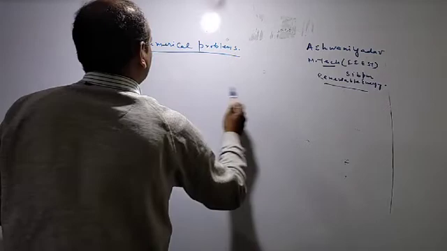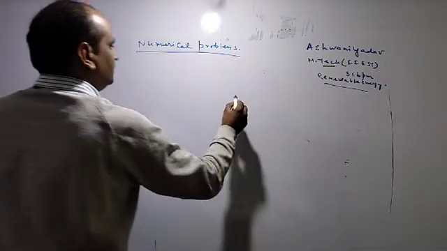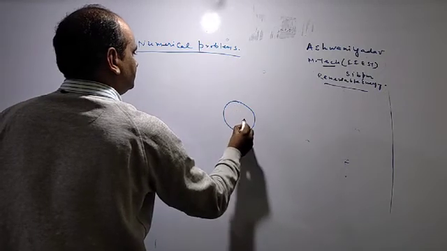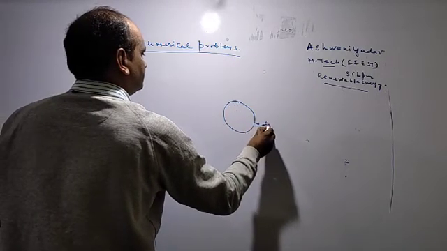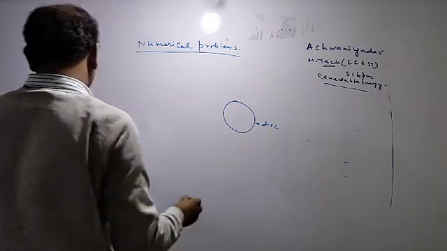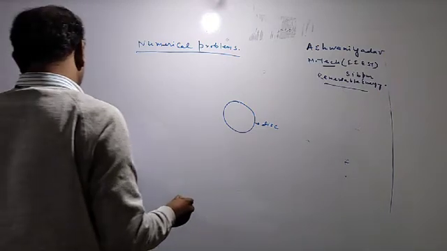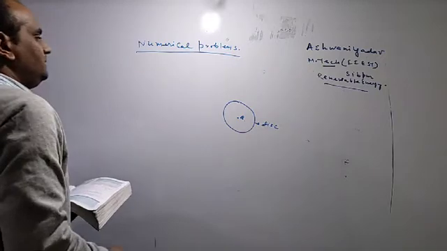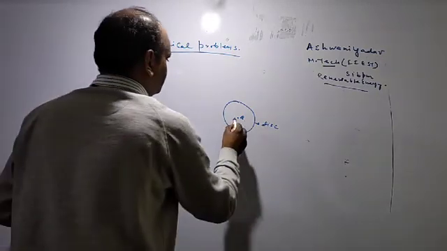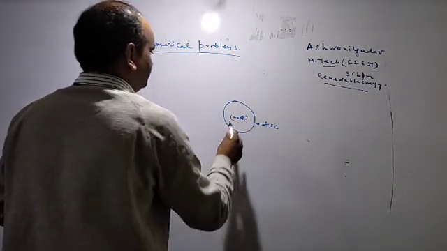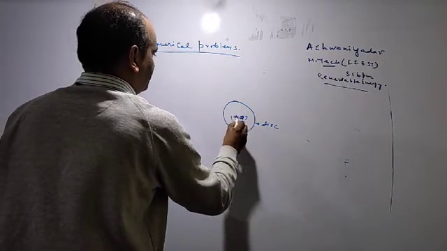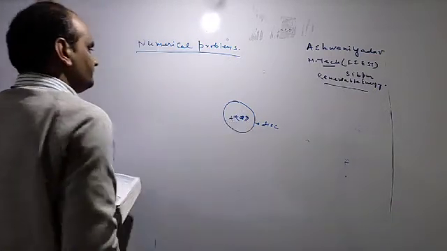Now, this is a disk and this is a point charge of negative. I mean to say it has negative magnitude.